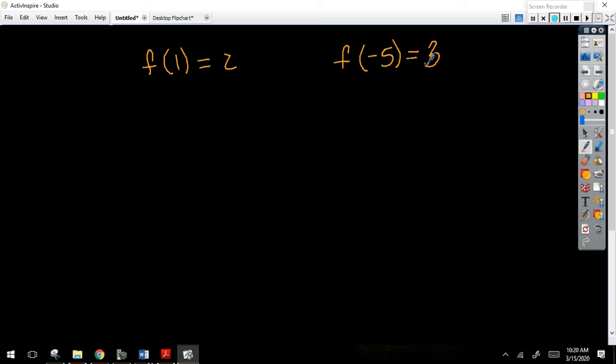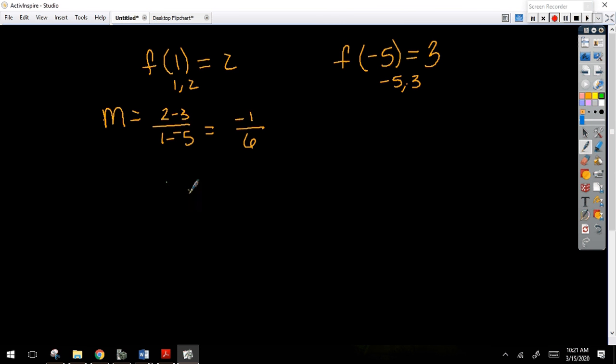This is probably not going to come out as well as I would like because I made this up off the top of my head, but that's okay. First thing I'm going to do is find the slope. Remember, these points are really 1, 2 and negative 5, 3. So I'm going to do 2 minus 3 over 1 minus negative 5. So I get negative 1 over 6.